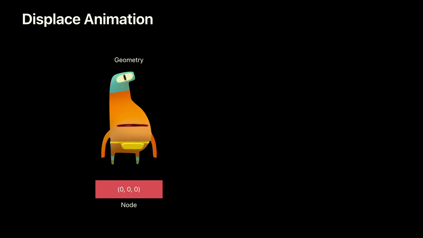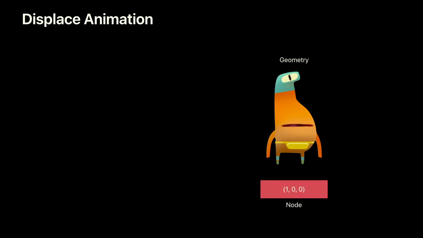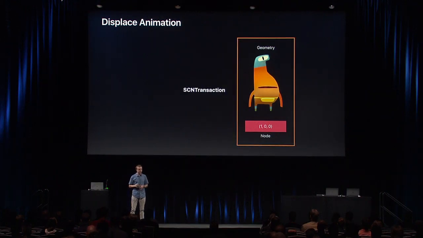We leave the node alone, and we apply an animation which actually has displacement in it. So this moves the geometry away from the node, and then when that animation is complete, we synchronize the node's position and remove the animation. We do that with a type in SceneKit called an SCNTransaction. And SCNTransactions allow you to make sure that update happens in one frame.